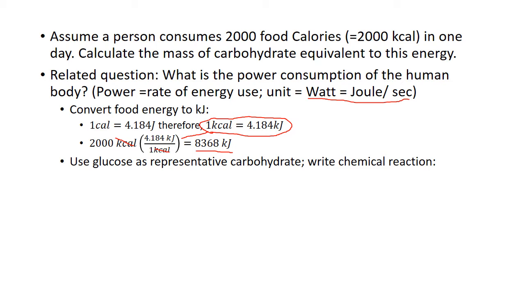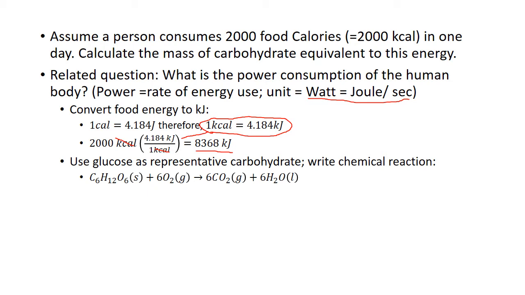So the first thing I do is write a chemical reaction. In metabolizing food, the overall chemical reaction is essentially the same as a combustion reaction. That is, the glucose reacts with oxygen, and in the end, it makes carbon dioxide and water.